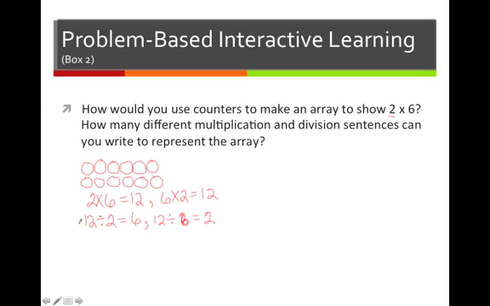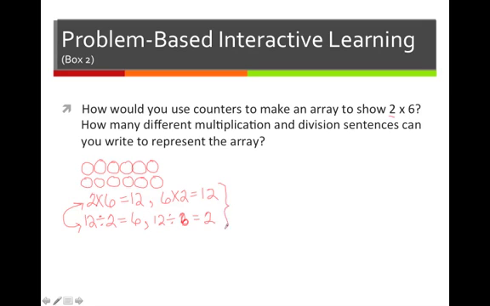So the division sentences are the inverse or the opposite operation of the multiplication sentences. So division undoes multiplication, and multiplication undoes division. So this is what we call inverse operations.